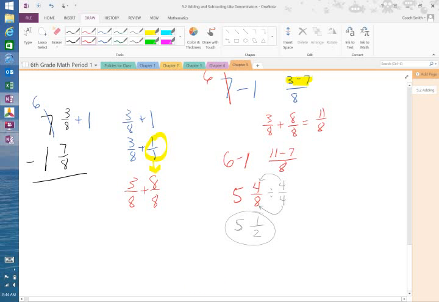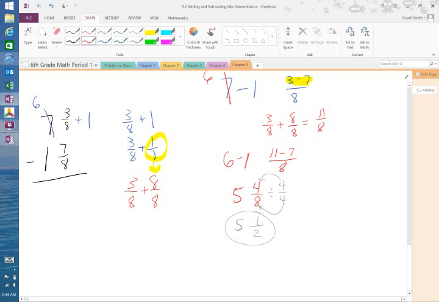Now, if this would have been 3/16 and 7/16, then this would have been 16 over 16. If it was 3/20 and 7/20, then this would be 20 over 20. Whatever the denominator is, that's what your whole number is going to add to it.